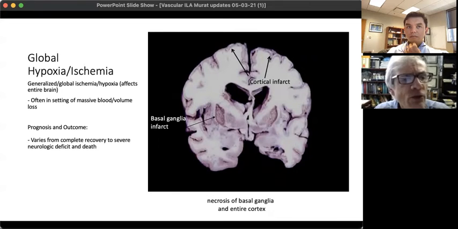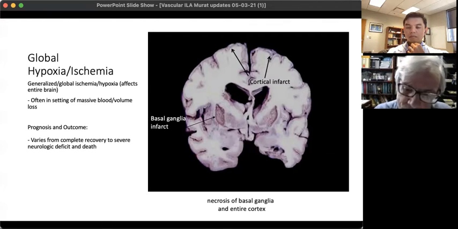So one thing to consider about this global hypoxic ischemic injury is there is one particular area of the brain that is very sensitive to hypoxic ischemic injury, and that is in the hippocampus. Specifically, the area of the hippocampus termed Sommer sector, also known as CA1 region.